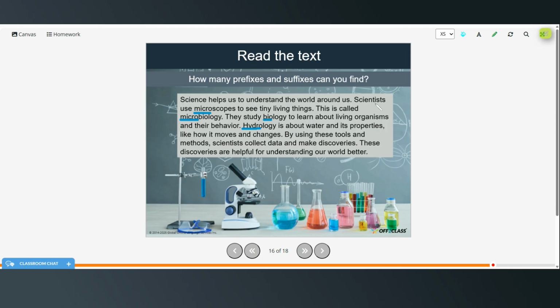So here, scopes is a suffix. Ology. And then actually, bio is actually another. This one actually has two prefixes and a suffix.